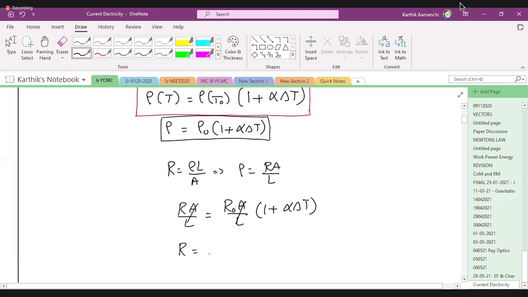So R is equal to R naught into 1 plus alpha delta T.